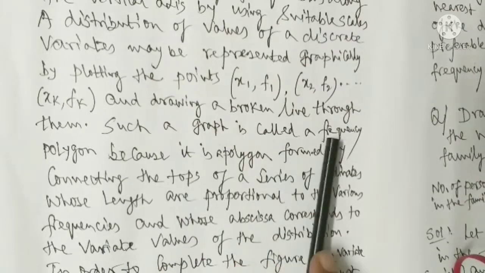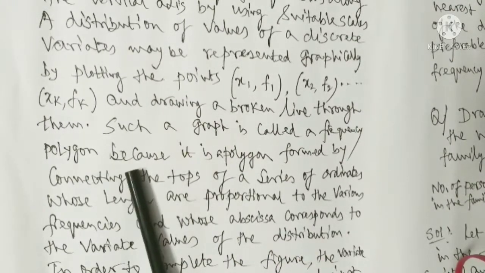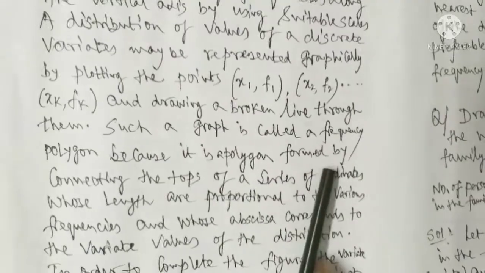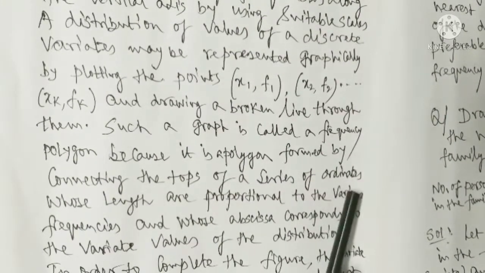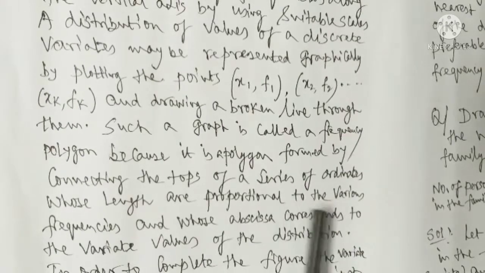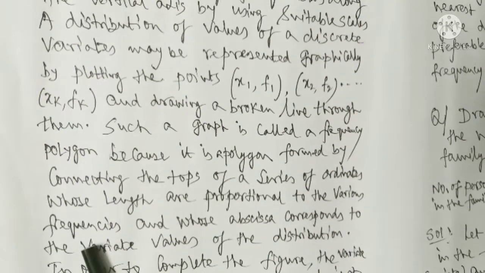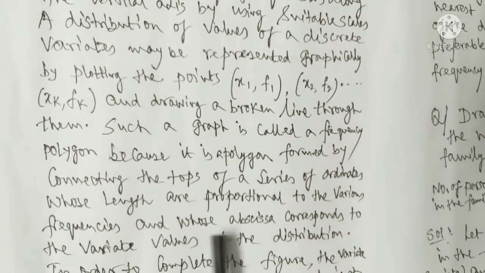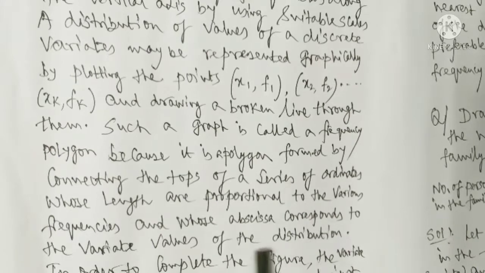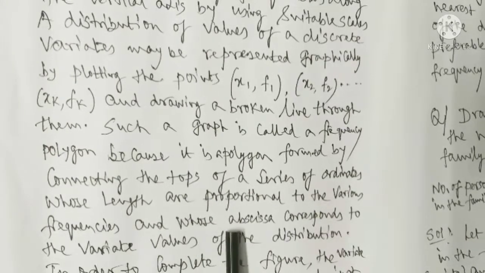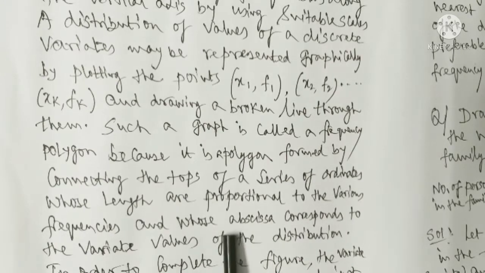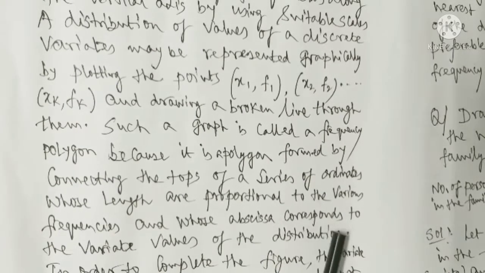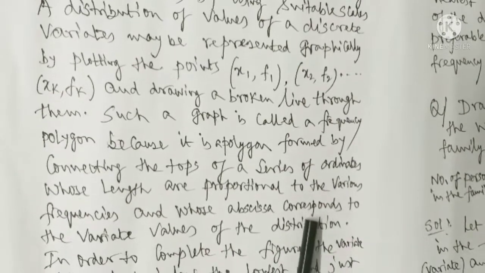Such a graph is called a frequency polygon because it is a polygon formed by connecting the tops of a series of ordinates whose lengths are proportional to the various frequencies and whose abscissae correspond to the variate values of the distribution. Whenever we measure x values along the x-axis, we get different frequencies for different values, and frequencies and x are presented together.